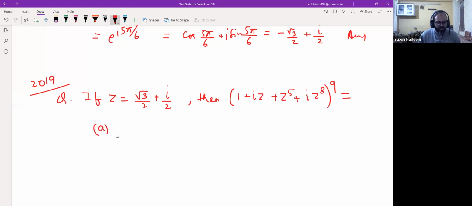Options are given: 1, another is minus 1 plus 2i to the power 9, another is minus 1, and last is 0.